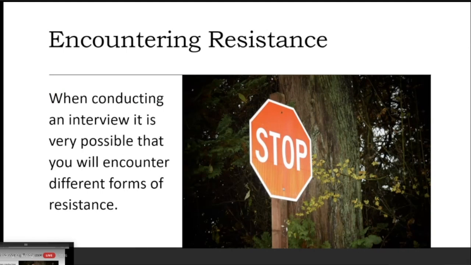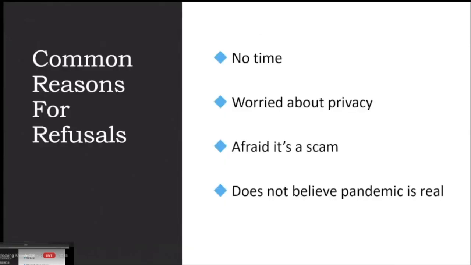Throughout our experiences contact tracing, we can and will encounter resistance. It is very common when conducting our interviews to encounter this in many forms. Here are some common reasons for refusals. No time. People are often pressed for time. Many are juggling work and family life at home. Sometimes there's just no time.